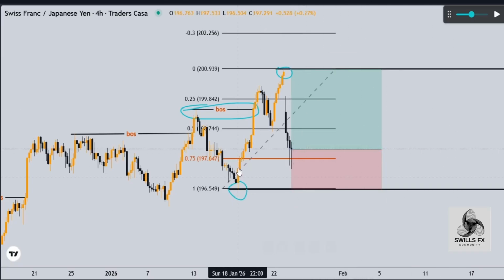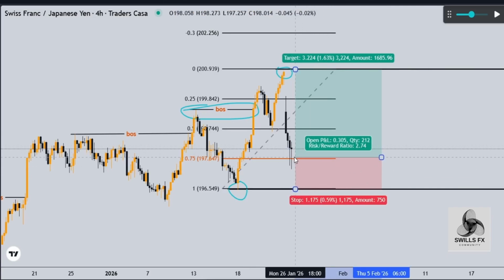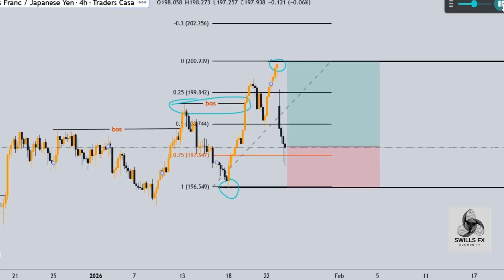So for this particular setup, I was risking about 3%, because I was very sure of the setup. So I placed another, I think 1% or 1.5%, right here as a pending order in case price retests this level. I'll take another position here.